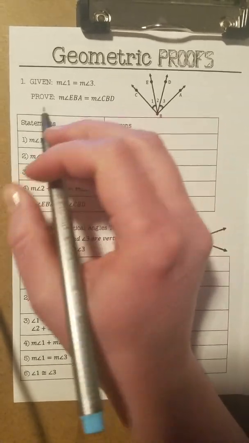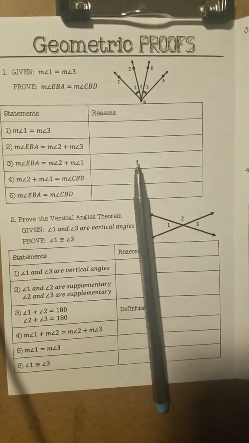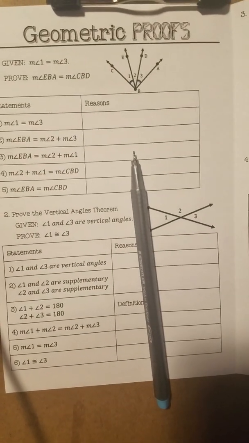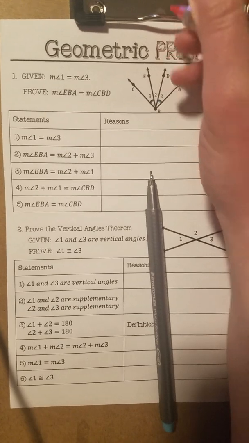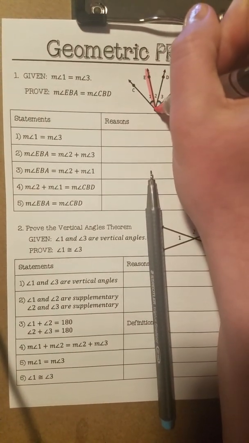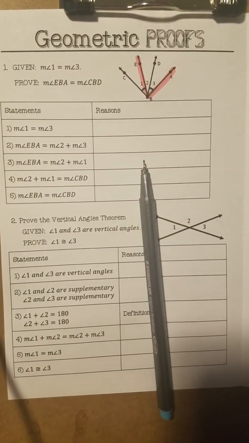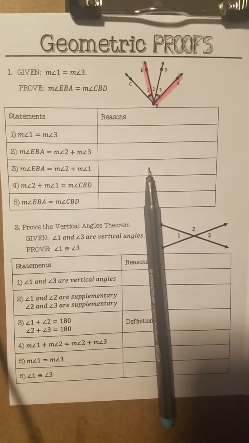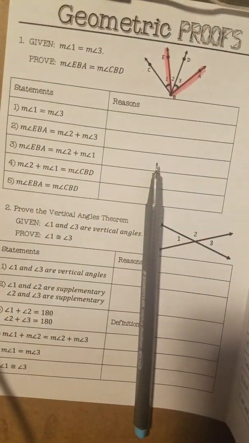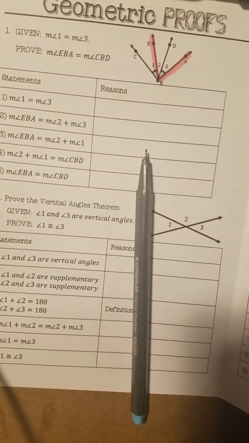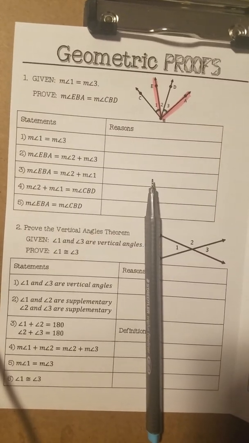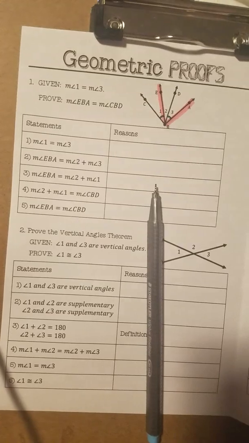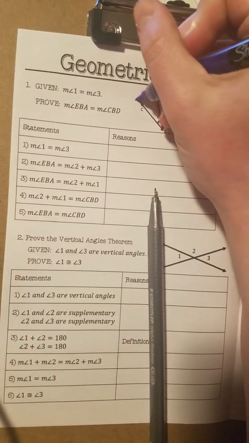And we want to prove that the measure of angle EBA, which is this angle right here, is equal to the measure of angle CBD, which is this guy right here.